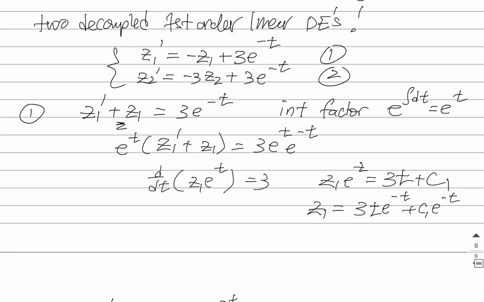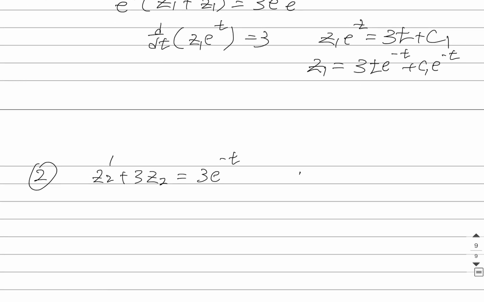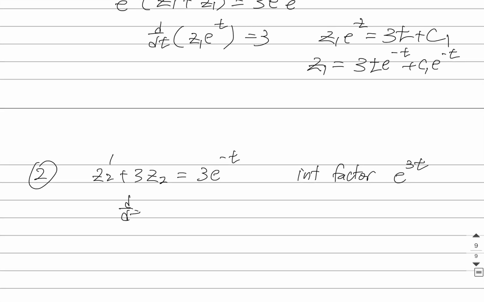The integrating factor will be e to the 3t in this particular case. And when we go ahead and solve this, the derivative of z2 e to the 3t is going to be 3e to the 2t.